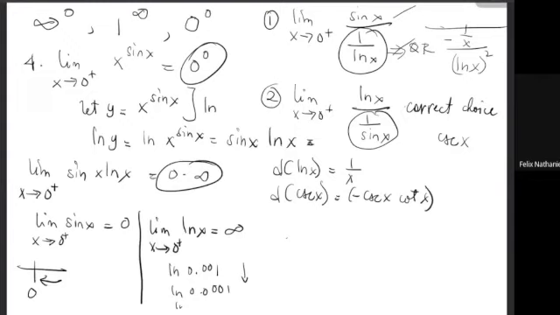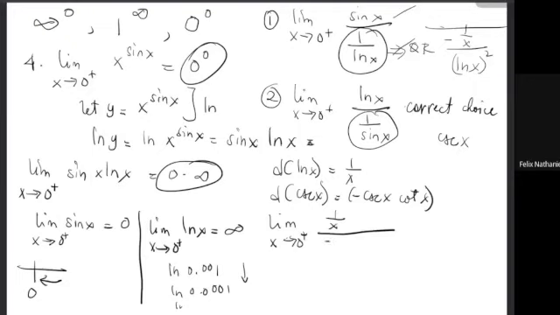So now that you have that, rewrite it. After applying L'Hopital's rule, I have a new expression and, crossing your fingers, now when you apply the limit, you will have an answer.